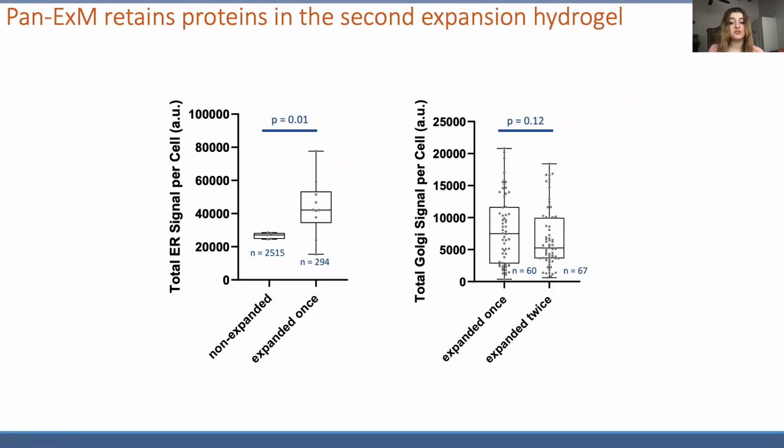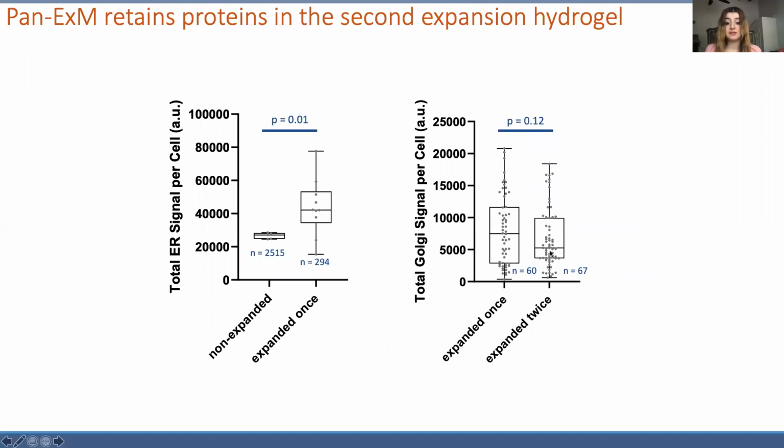To validate protein retention with Pan-ExM, we quantified ER and Golgi protein fluorescence signal levels after the first and second expansion. We discovered that after the first expansion, fluorescence signal increases, suggesting that epitope availability and molecular decrowding enhance fluorescence antibody labeling.